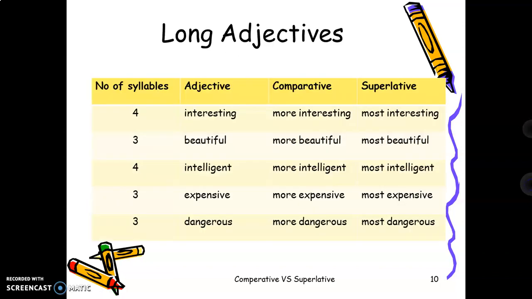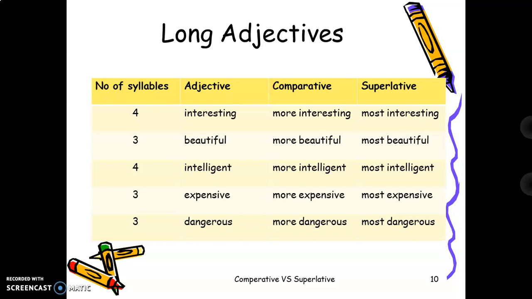If it's a long adjective, with more than three syllables, like interesting, it's four syllables. In the comparative, we put more, and then in the superlative we say the most interesting. Number of syllables, three in beautiful, so we'll put in the comparative more beautiful than, and in the superlative most beautiful.